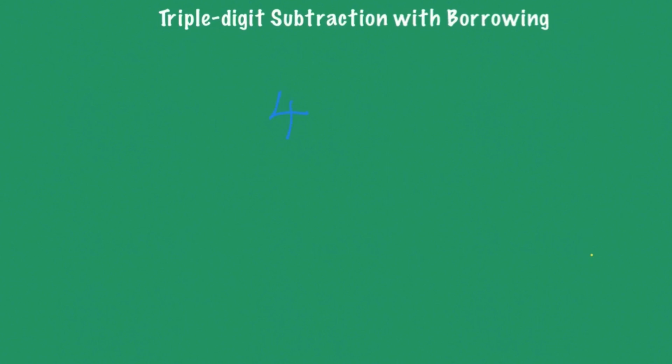So you have, for example, 429 minus 272. All right. Just like any other episode, I always divide a number into its place value columns.